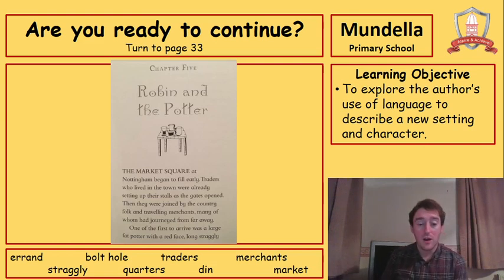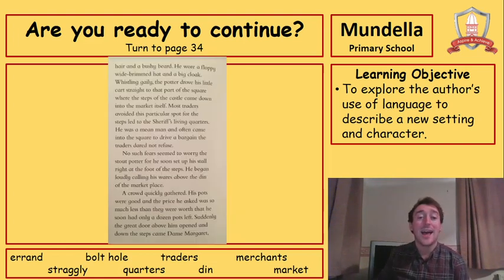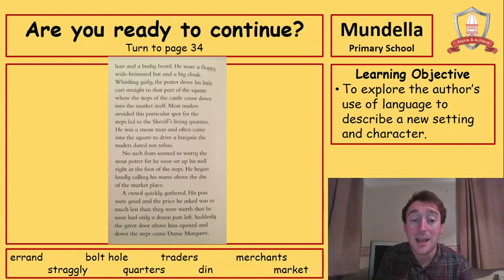One of the first to arrive was a large fat potter with a red face, long straggly hair and a bushy beard. He wore a floppy wide-brimmed hat and a big cloak. Whistling gaily, the potter drove his little cart straight to that part of the square where the steps of the castle came down into the market itself.